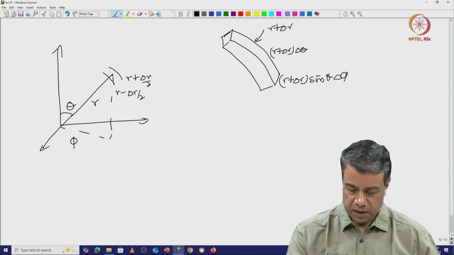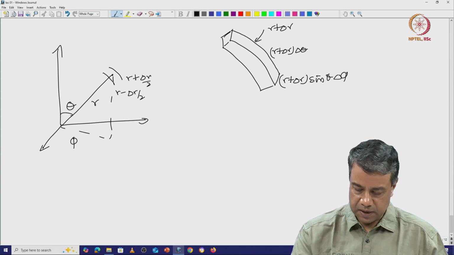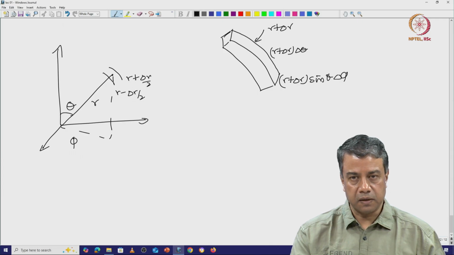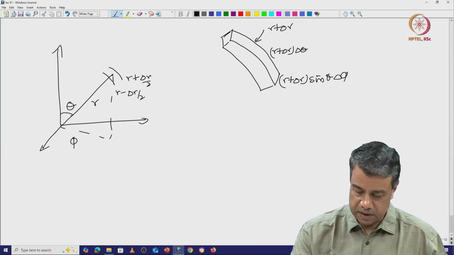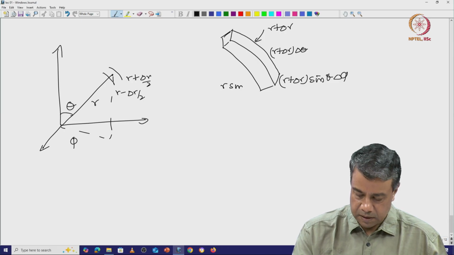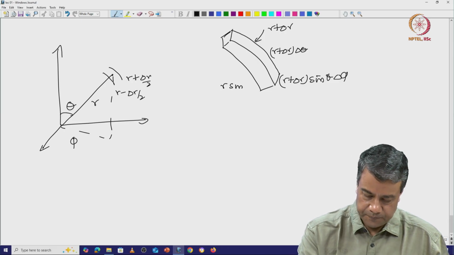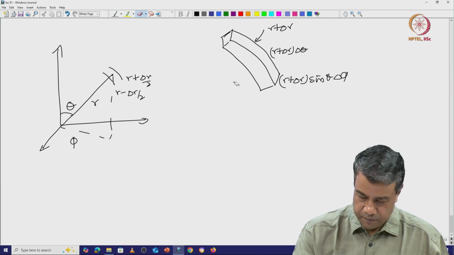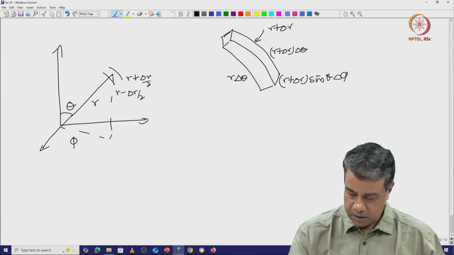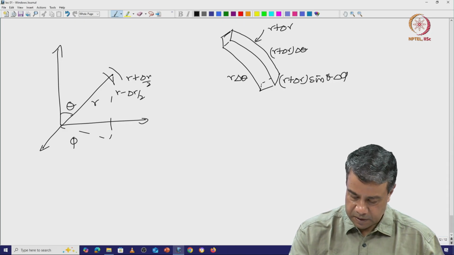And the surface at r also has two perpendicular displacements, that is r delta theta, and r sin theta delta phi, which will be this distance.